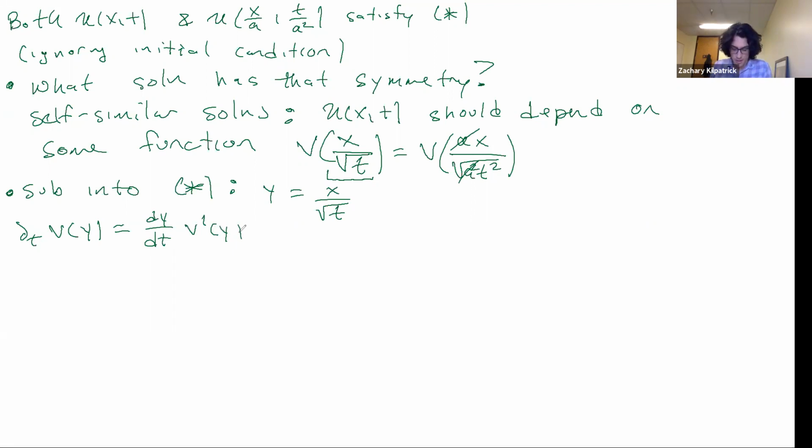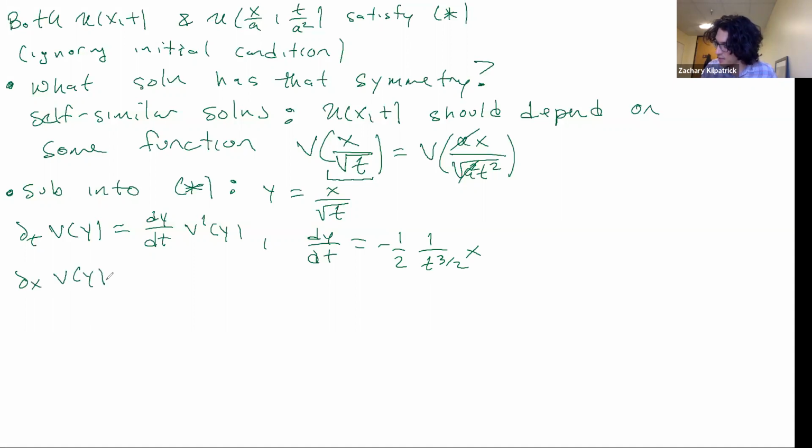And dy/dt in this case is going to be equal to minus 1/2 times 1 over t to the 3/2 multiplied by x.